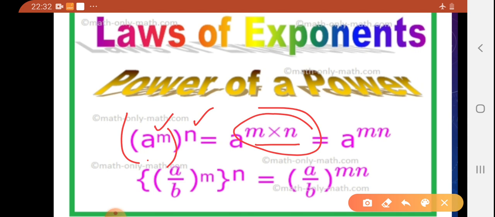A to the power m, whole to the power n, gives out a to the power m into n. The same will be applied if any fraction or rational number is there. Okay, so the same rule we will apply there.